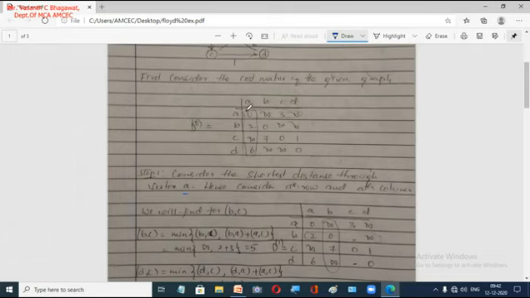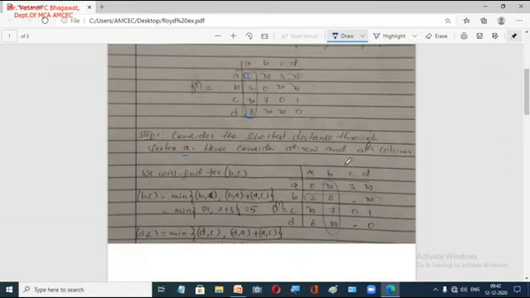We circle the A-th row and A-th column, that is the first row and first column, and we start to construct D of 1. This is D of 0, the initial matrix. Now we go for the next distance matrix, D of 1.